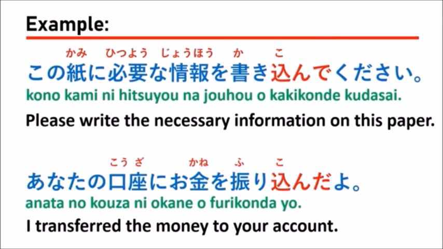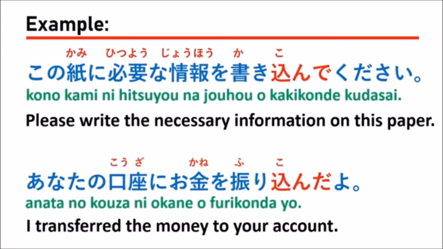And next, the second sentence, we see that they use the verb furu, right? When you change to the masu form, it means furimasu. And when we cut out the masu, we are left with only furi, and end with komu. So you can say furikonda yo, right?